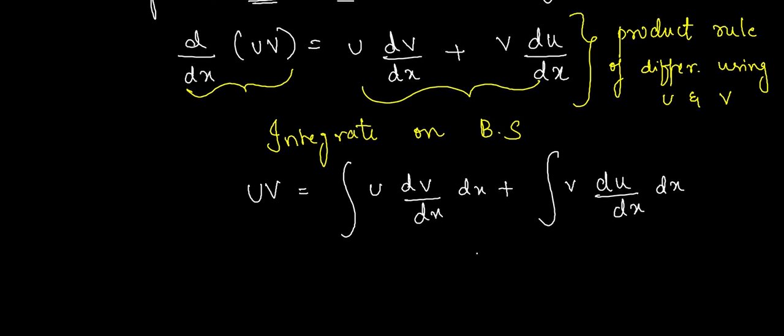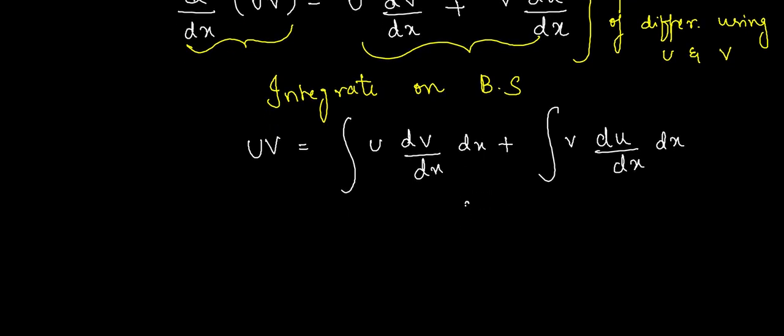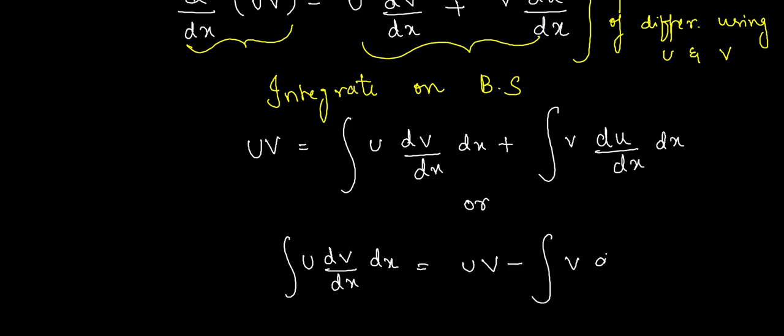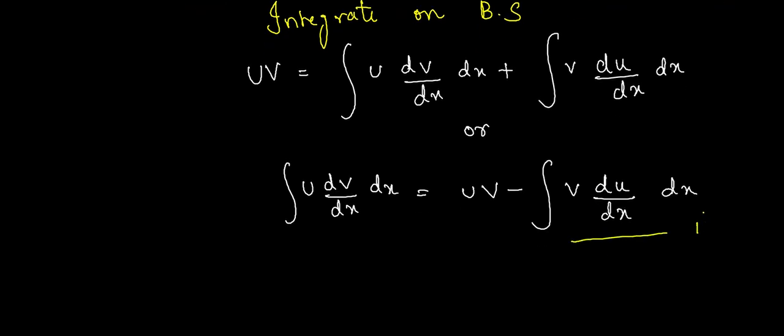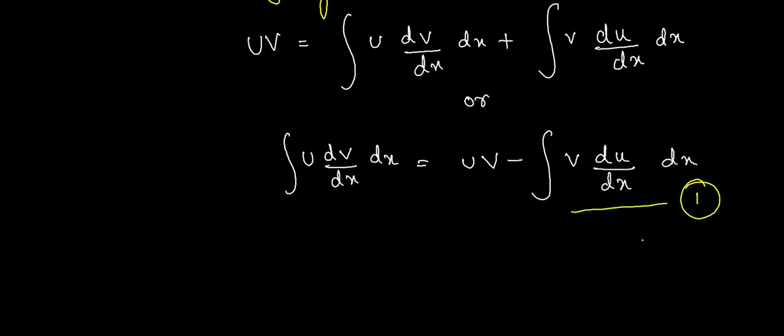This expression can also be written in the form integration of u dv by dx is equal to uv minus integration of v du by dx. And let's consider this equation to be my equation 1.